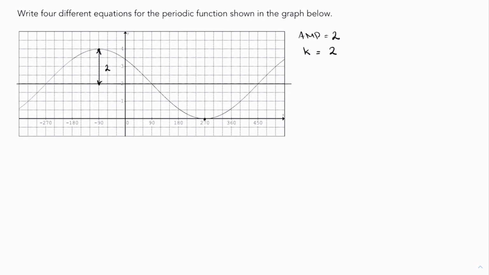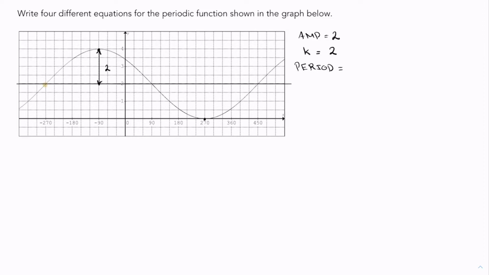The period. Well, let's think about this for a moment. What can we do? Never mind, there actually is a full period in here.